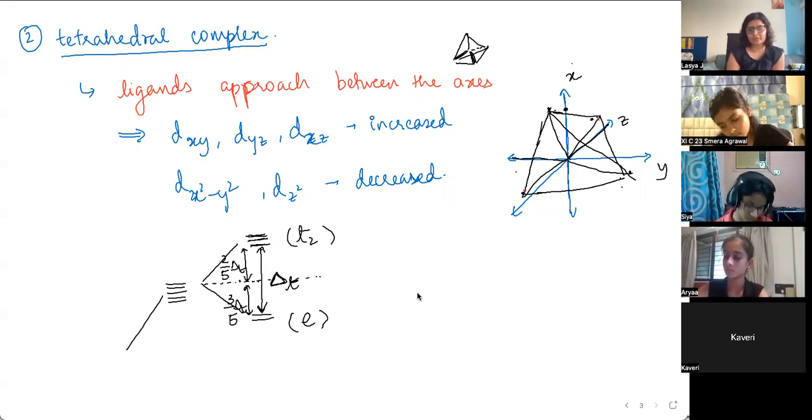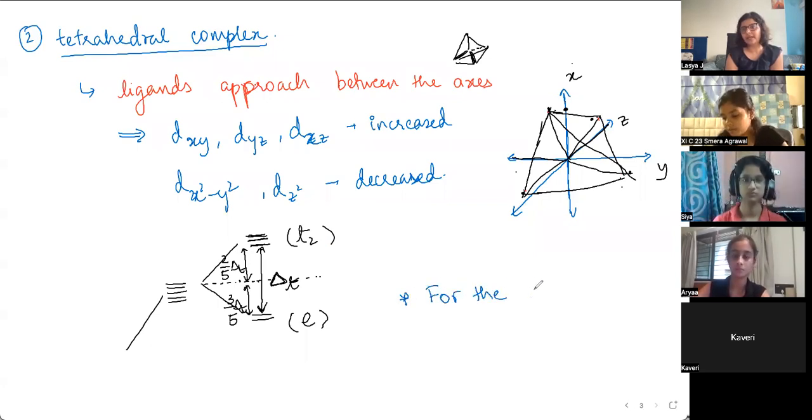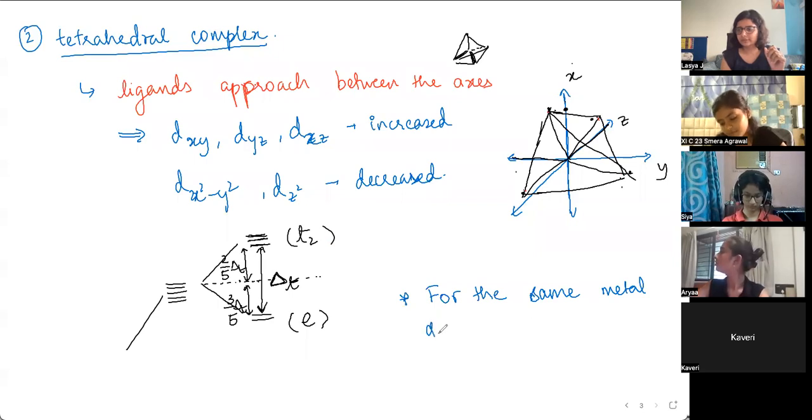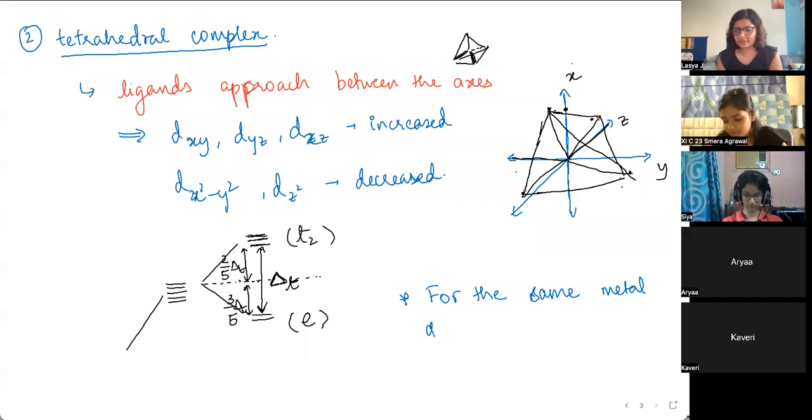So in general, for the same metal atom ligand combination, or like keeping everything same, for the same metal, ligands and metal ligand distances.